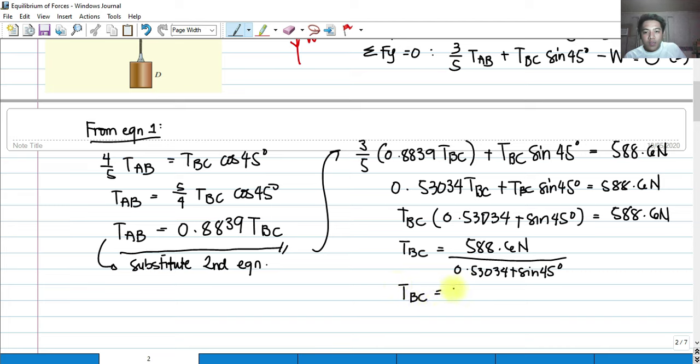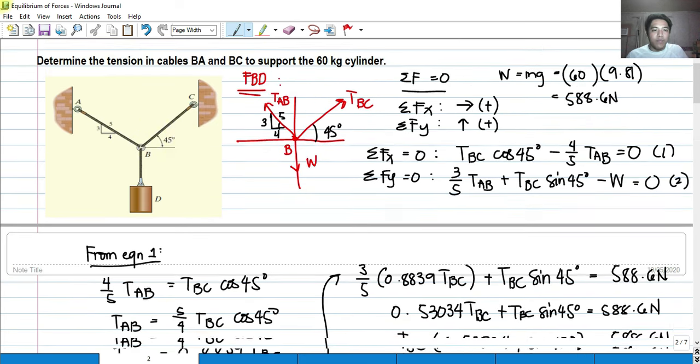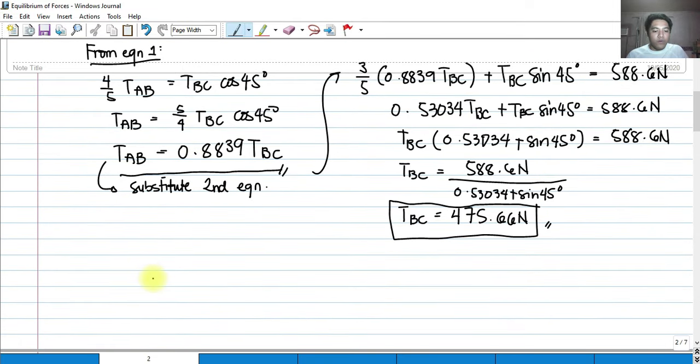So if we solve, that should be 475.66 newtons. That is the value for our T sub BC. And then, of course, to get T sub AB, the tension at AB, we simply use this formula, 0.8839 of T sub BC.